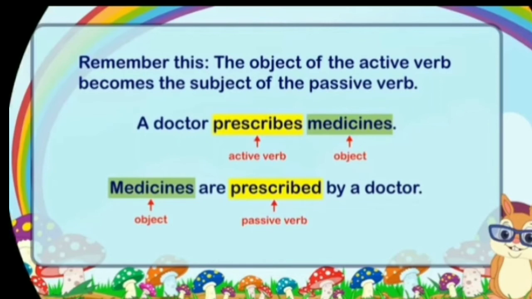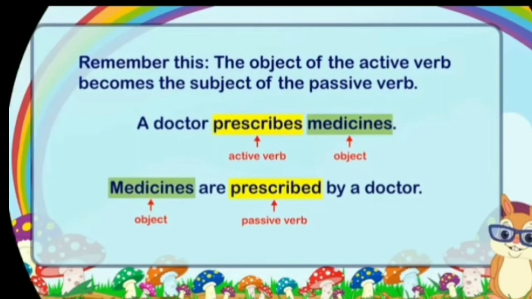Let's take one more example. A doctor prescribes medicine. First we need to identify the subject, doctor; prescribes is the verb, and medicine is the object. Now we need to flip-flop the object and subject. So medicines will come in the subject position, and doctor will come in the object position.